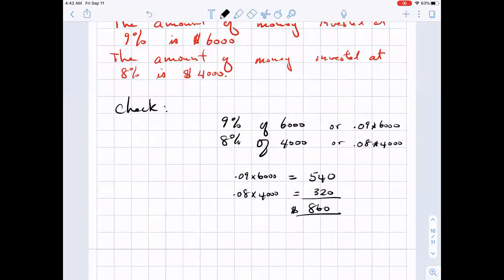So these are some common application problems when dealing with systems of equations. What I'm going to do is assign some problems for you to try now. I would like you to log into your homework system and try the problems. There is no quiz this week, just homework problems.